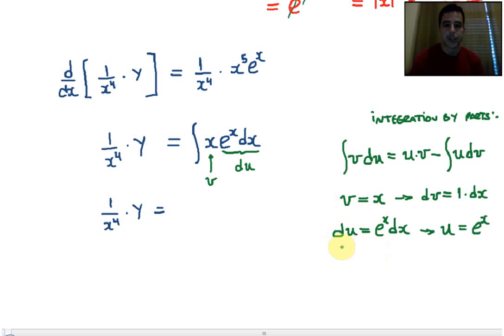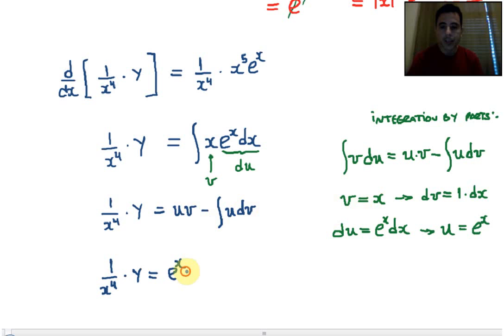So you integrate both sides. Let's write that down here. This would be uv minus the integral of u dv. If this is v, this is du, then according to integration by parts, that would be uv minus the integral of u dv. What is u? U here is e to the x. What is v?